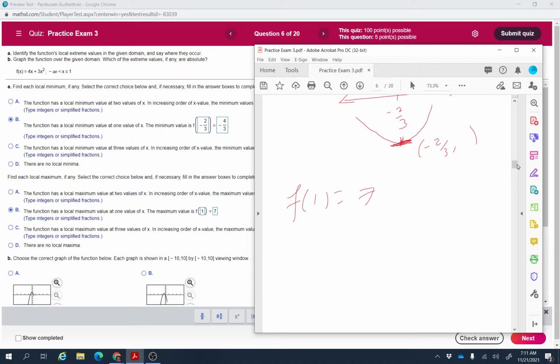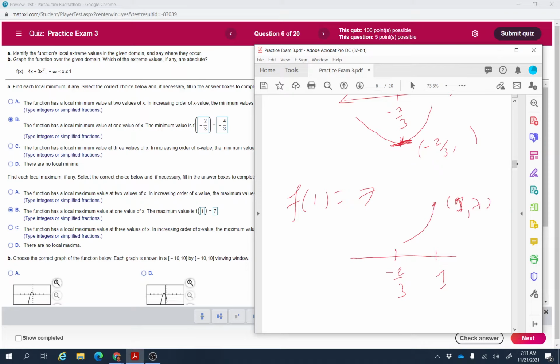We don't care about the value on the left and on the right, but we do care that the function is increasing, and at 1 the value is 7. So the function is increasing on this interval, so before that the value should be less than 7.